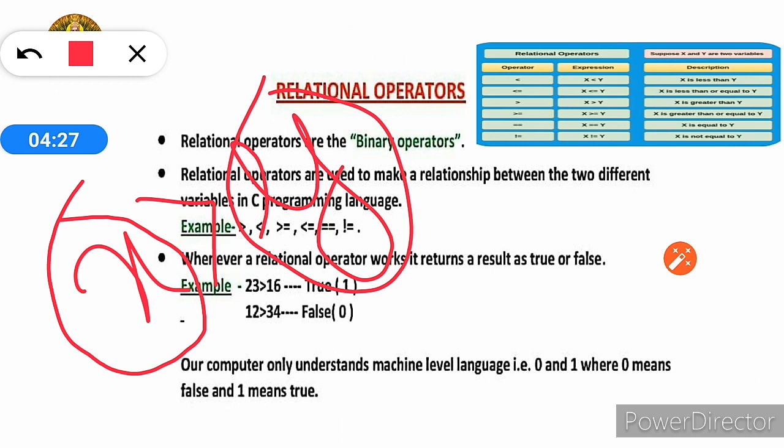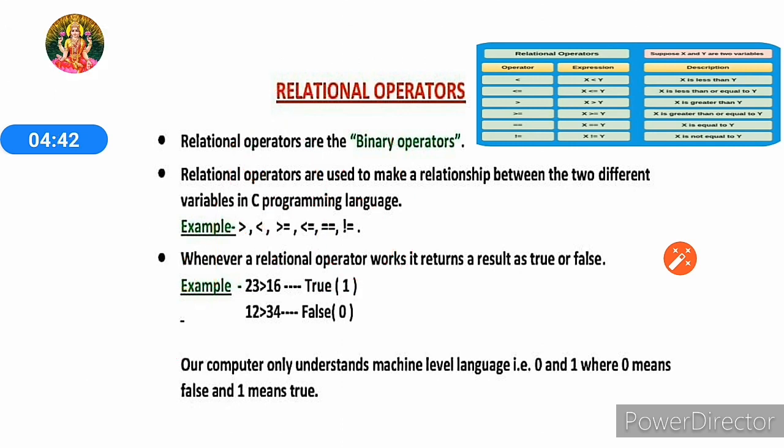Then only we can make a relationship between the two operands. It is not possible that x is a float and y is an integer. Stay tuned, as in the next slide we will discuss the difference between the = operator and the == operator, which is very, very important for your examinations.